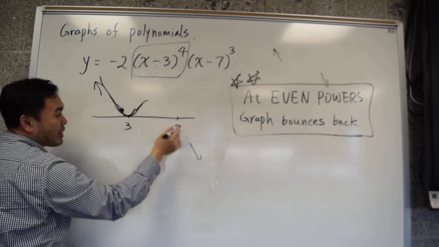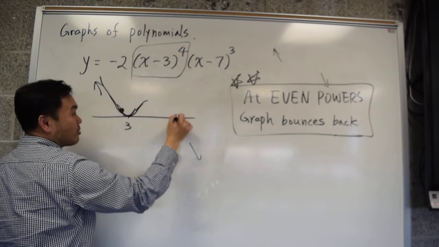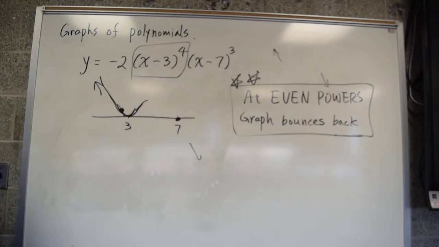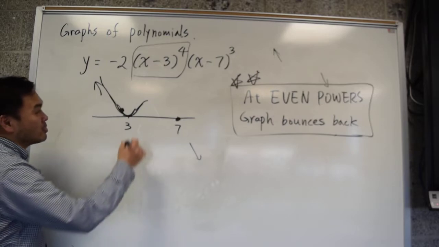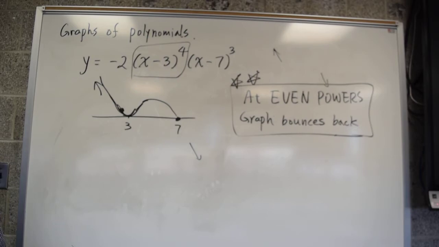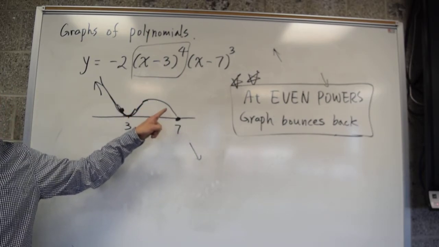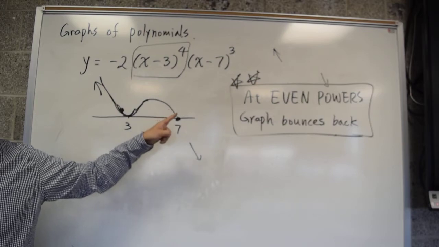Now it has to turn back because it has to go to 7. At 7, it's 0, so it has to cross that. When you get to 7, will it cross over or will it bounce back? It will cross. Why?